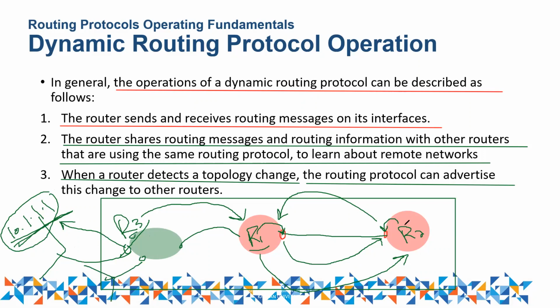Who will inform the neighbor routers about this topology change? R3 will detect the topology change and advertise it to its neighbor routers, or network-connected routers. Okay guys, so this was the story of the routing operation, but in a very summarized form.